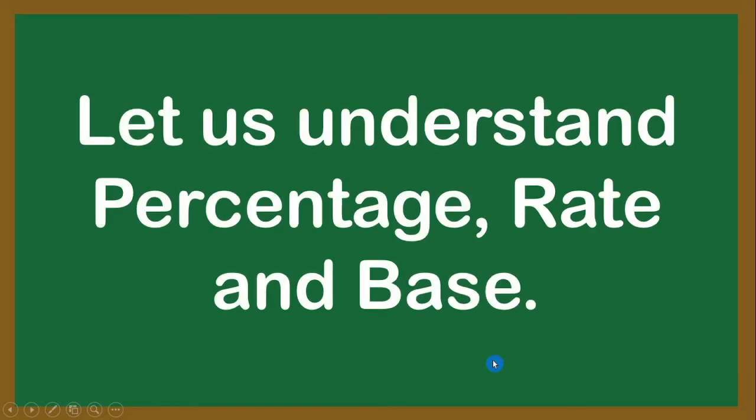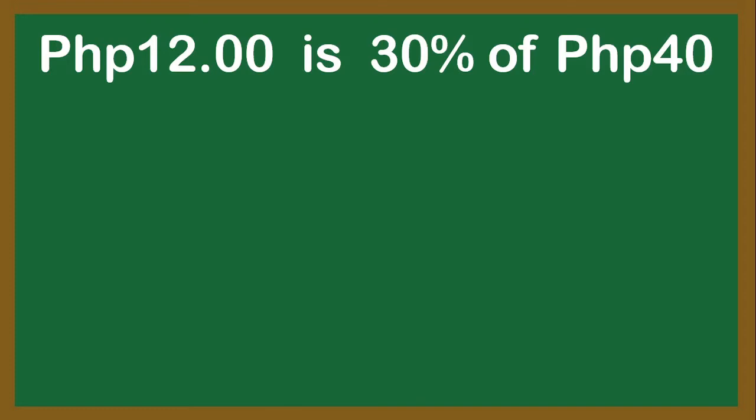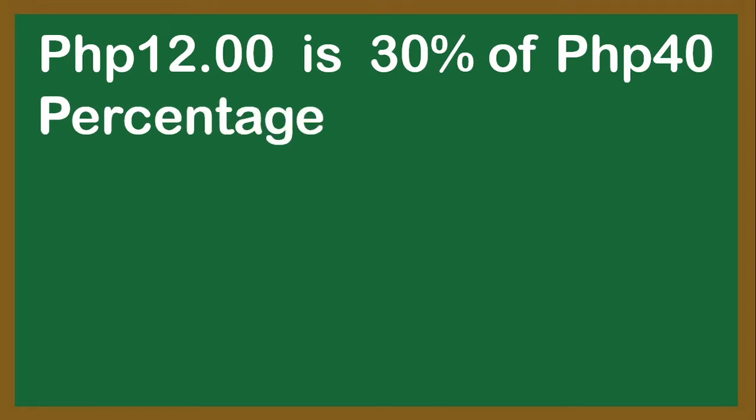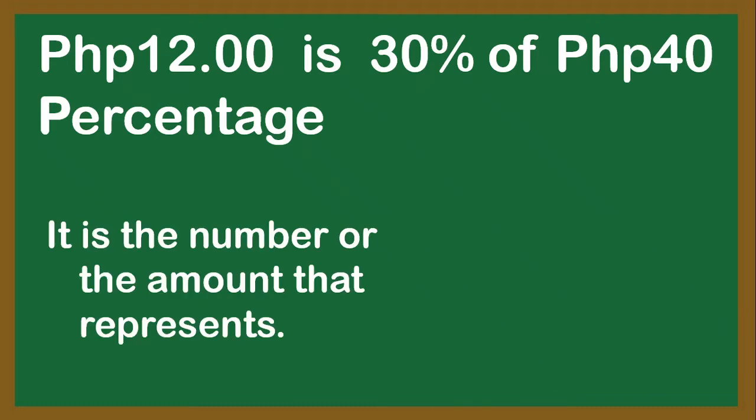Let us understand percentage, rate, and base. Let us have the example, 12 pesos is 30% of 40 pesos. Let us understand percentage. Percentage is the number or the amount that represents.